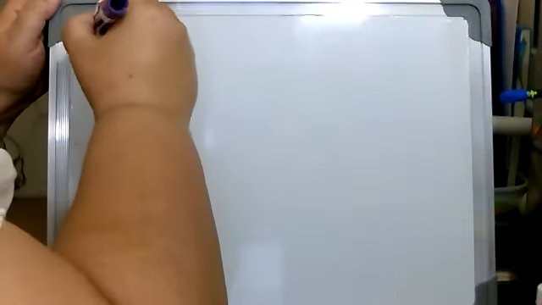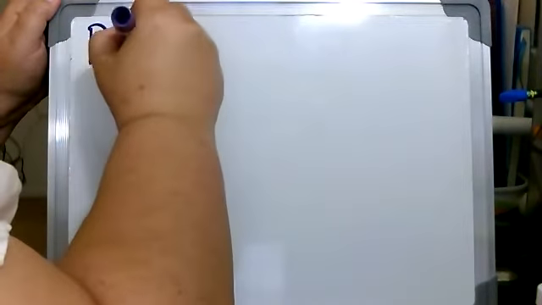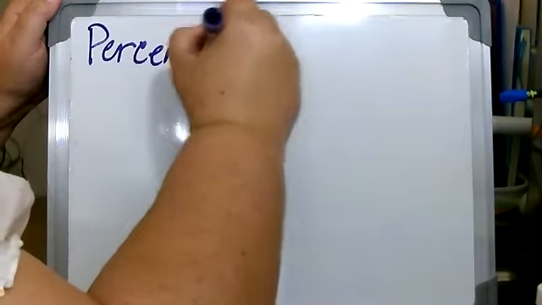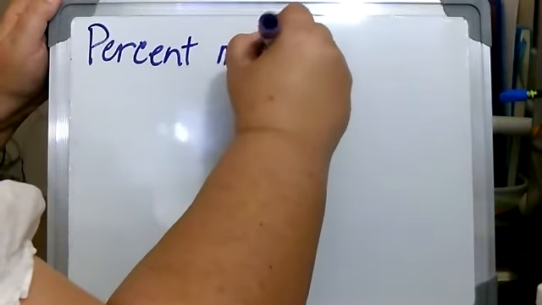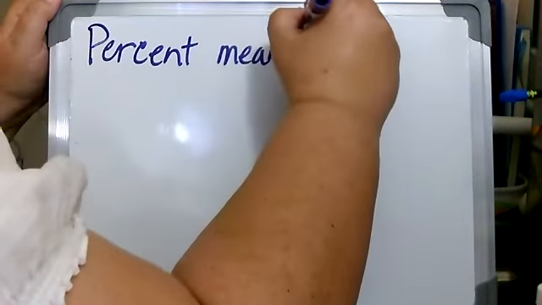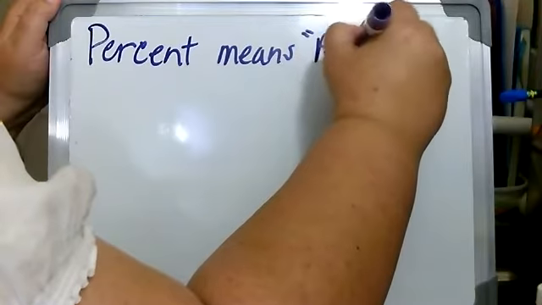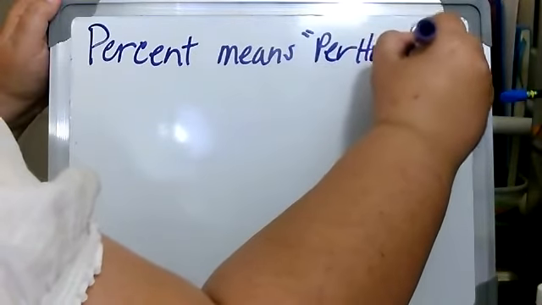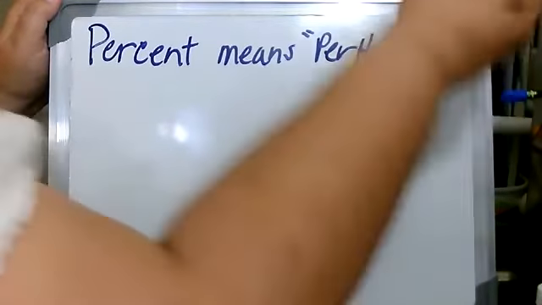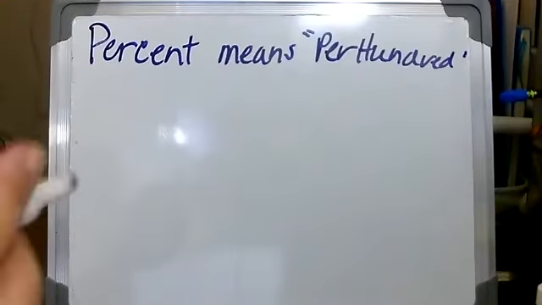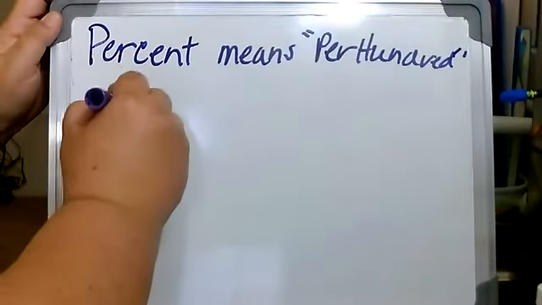Whiteboard. Hello, whiteboard. Okay, so a percent literally means per hundred. Just like ratios, you're comparing, like, 2 to 3.